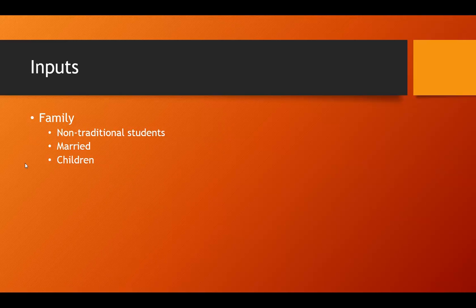Well, for these types of students, they may be non-traditional. They could be adult students, they may be married, they could have children, they could be returning back to college after a number of years. It could be a number of different things, but they are more likely to be a non-traditional student in some instance.